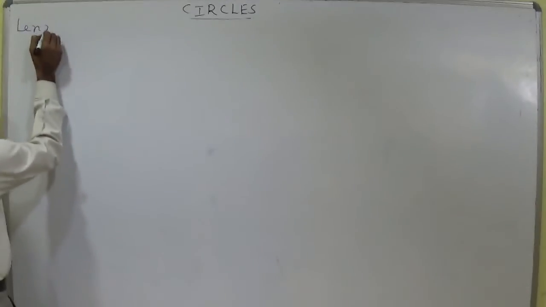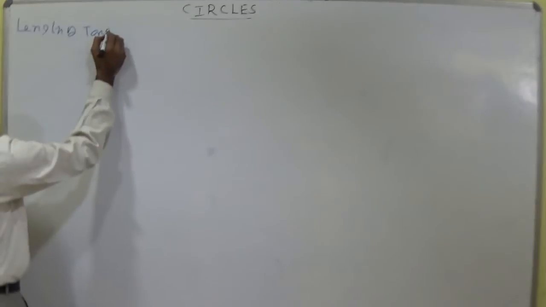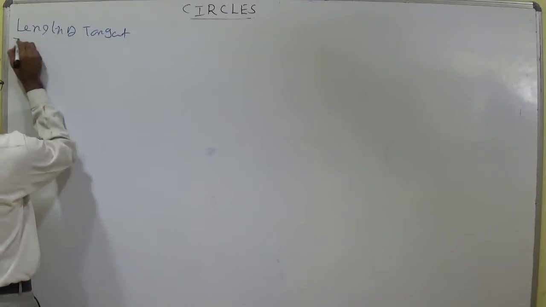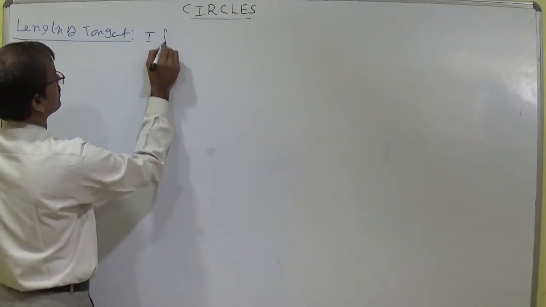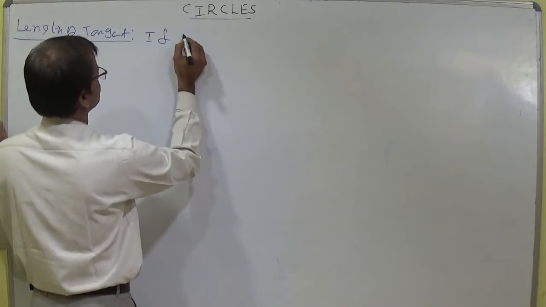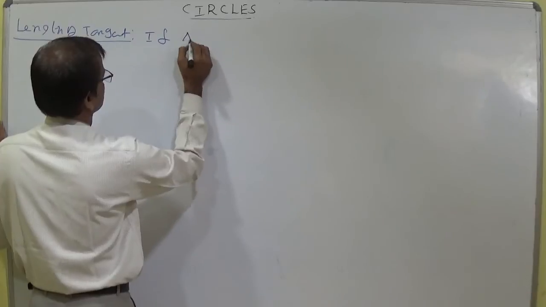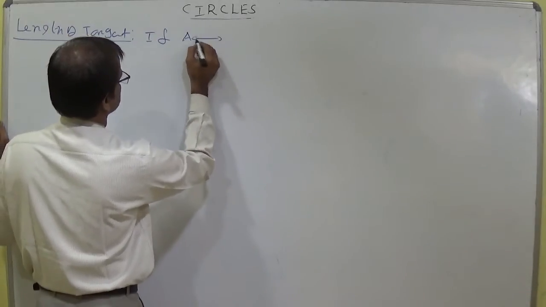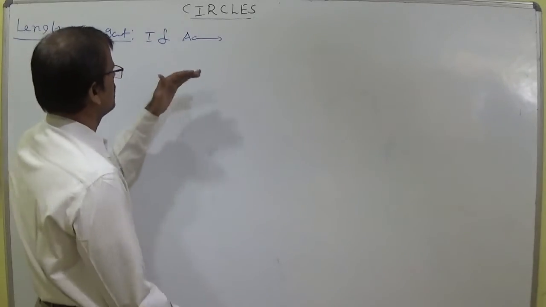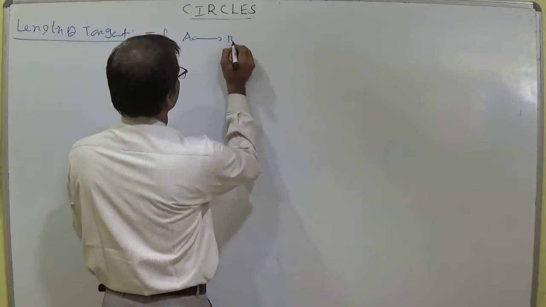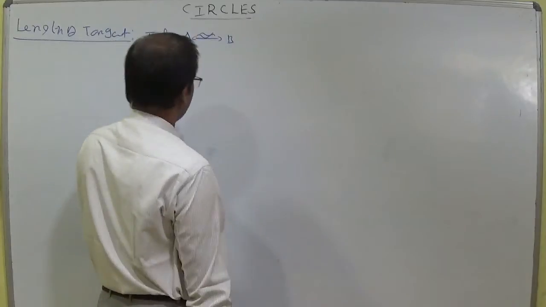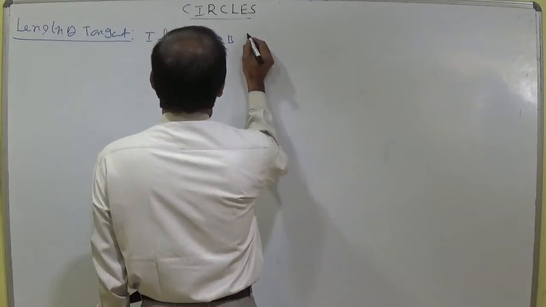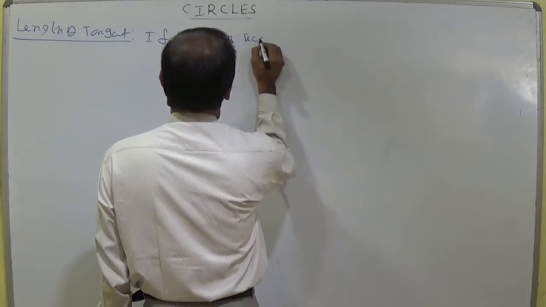Put side heading: length of tangent. Description I am writing. If A approaches B, write like this, A approaching B, secant becomes a tangent.